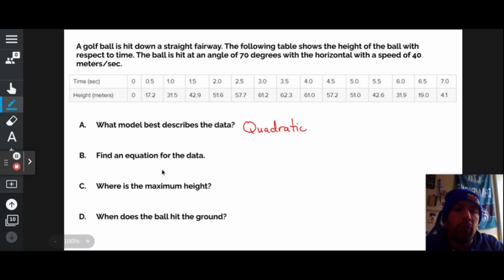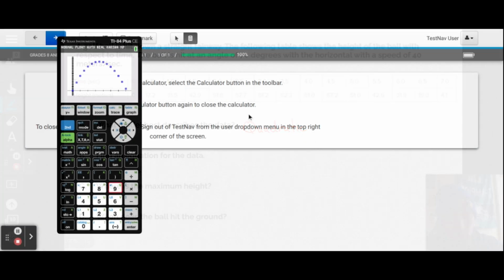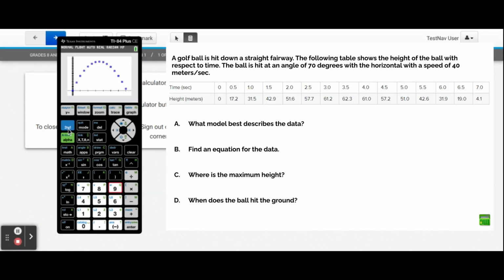Find an equation for the data. I'm going to use quadratic regression. So for B, I need to come up with an equation. So I'm going to hit second mode to get out of this. I already have my points in, so I'm going to go to Stat, Calc, and I'm going to use quadratic regression. So hit 5.